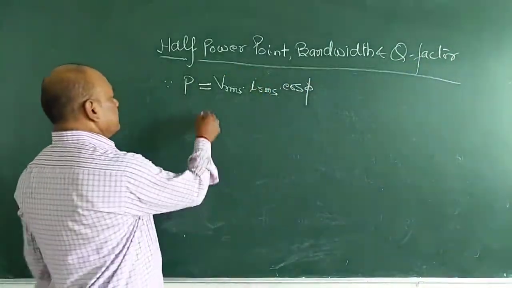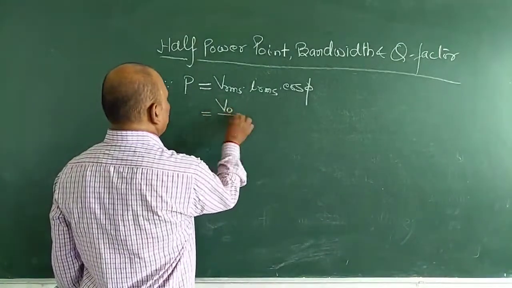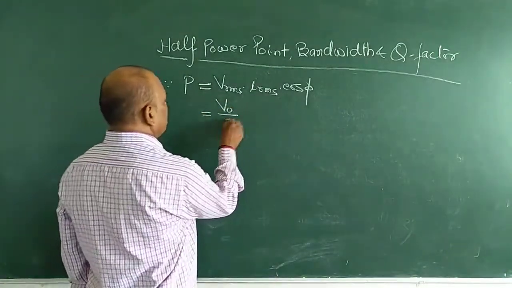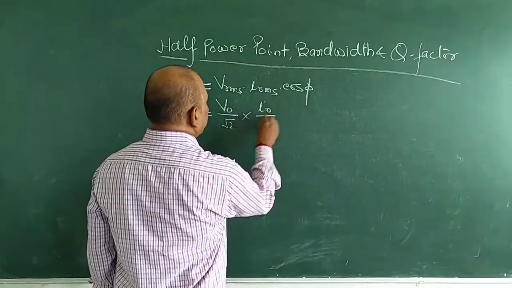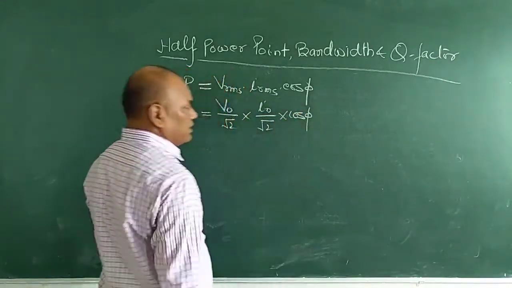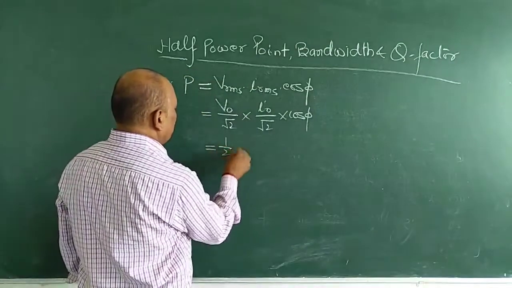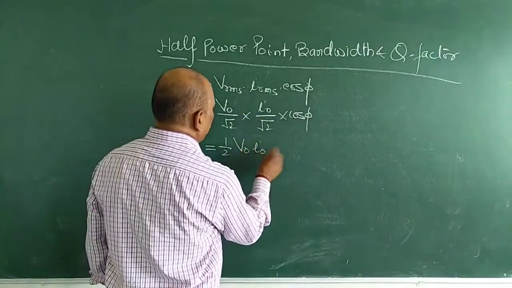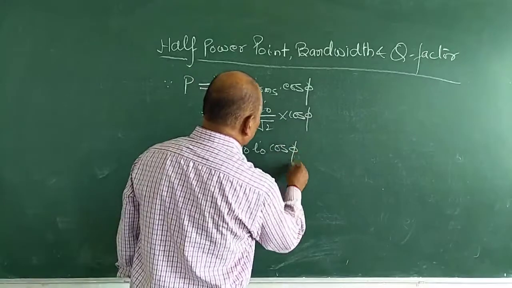Here this can be written as V0 by root 2 into I0 by root 2 into cos phi. So this becomes half V0 I0 cos phi.